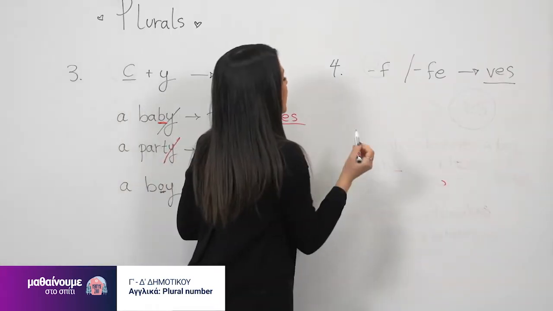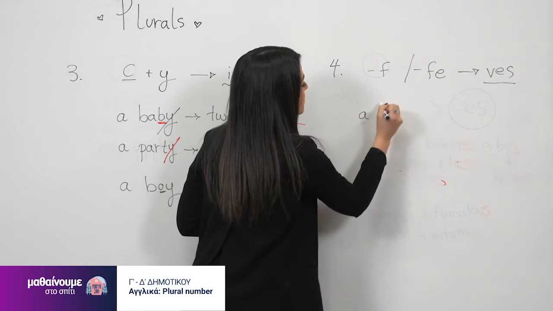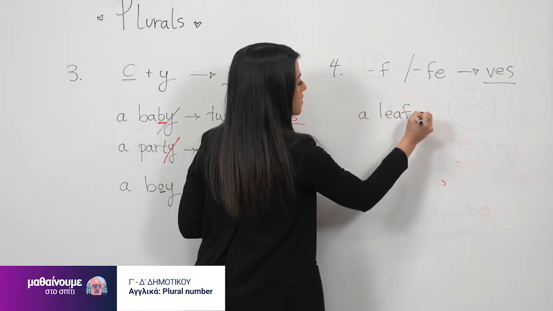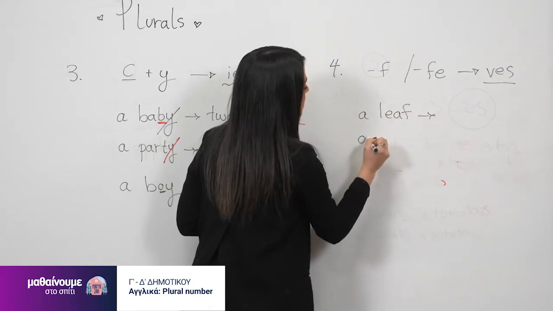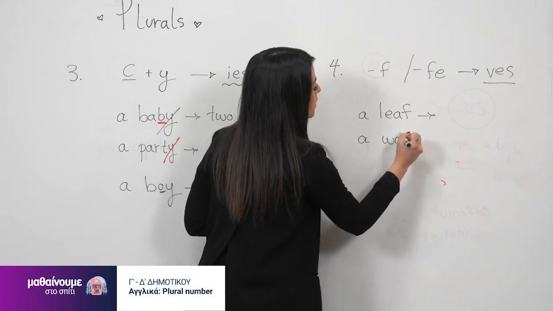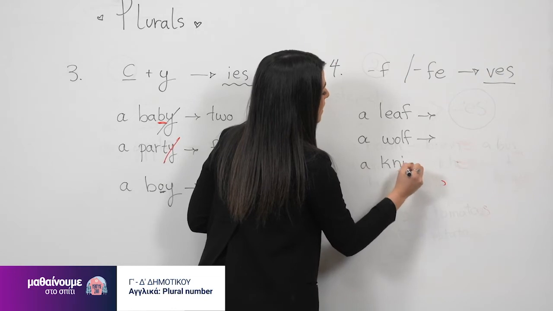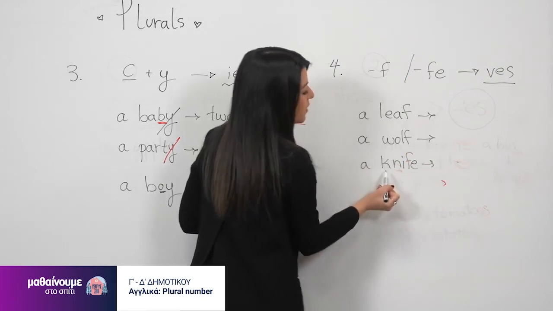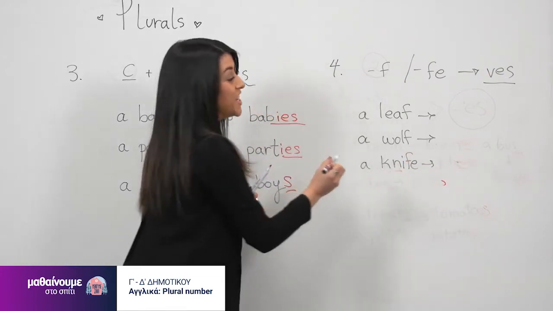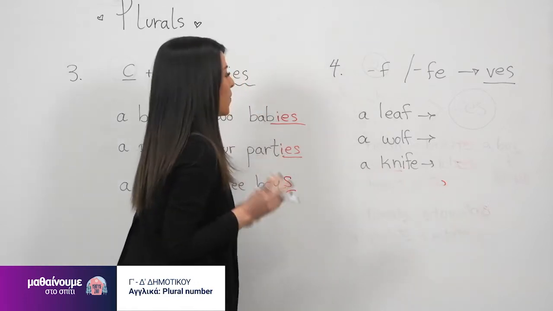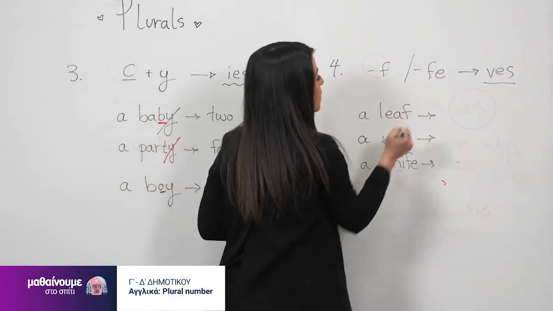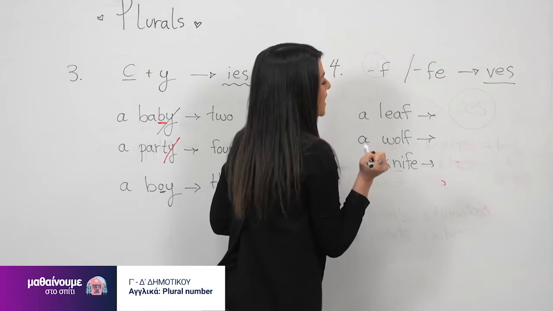For example, let's say a leaf, ένα φύλλο, okay? Or a wolf, ένας λύκος. Or a knife, ένα μαχαίρι, knife. Remember here, we don't pronounce the K, it's knife, not knife. So what happens here? We take out the F again and we put VES.